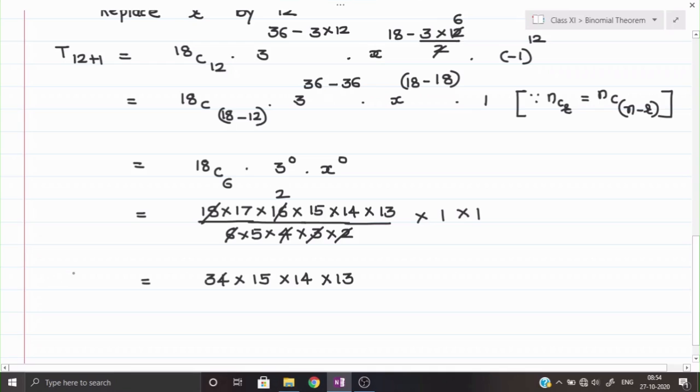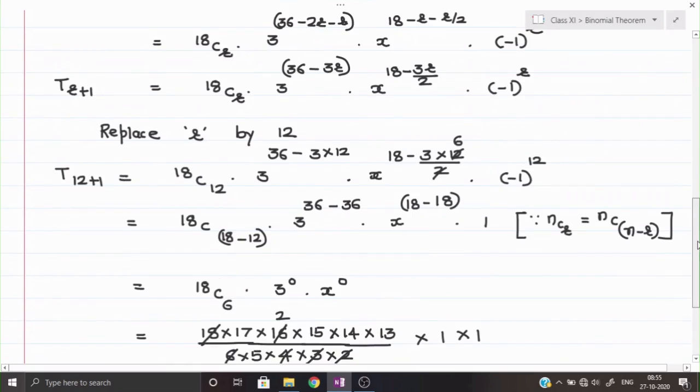So this will be the value of T13, the 13th term. Now here multiplication, you can do it on your own and write down the final answer. That multiplication is not so simple. Otherwise, in the examination, if multiplication is very difficult, you can write down the answer directly as 18C6 also. So I hope this question is clear. However, it is a little bit lengthy.